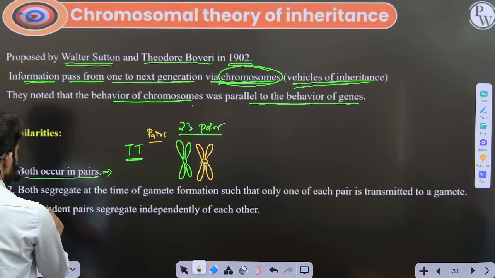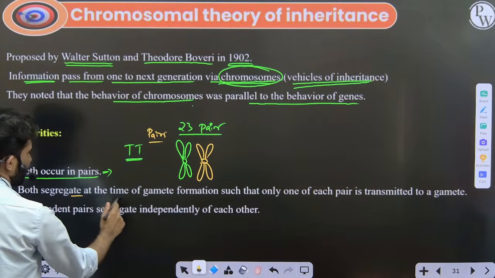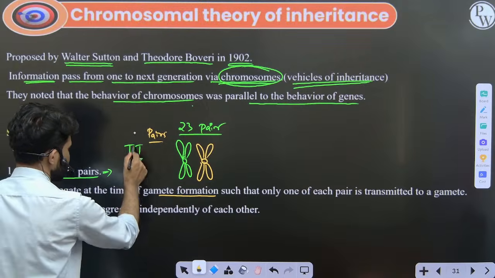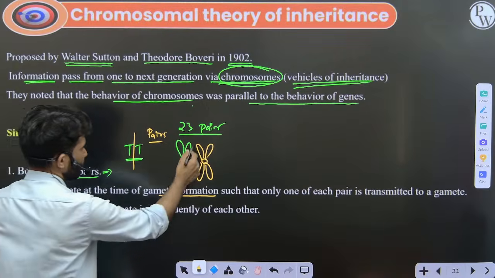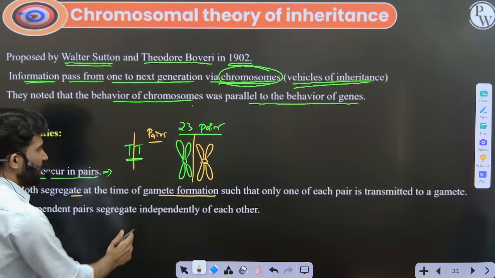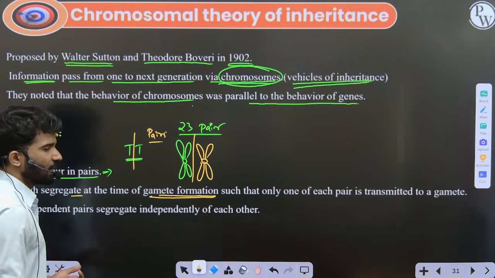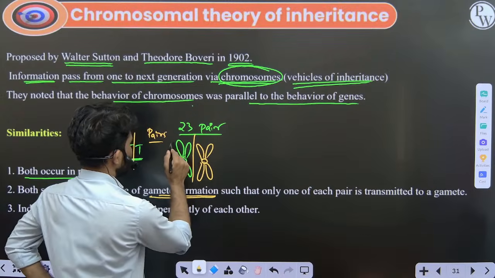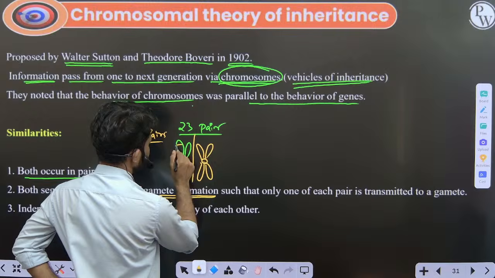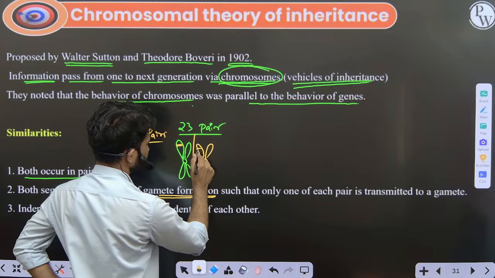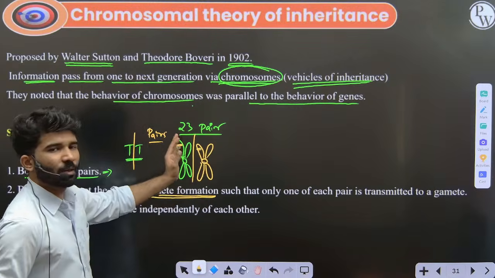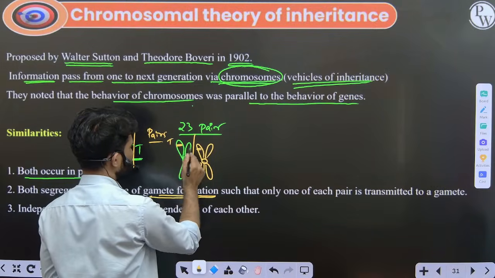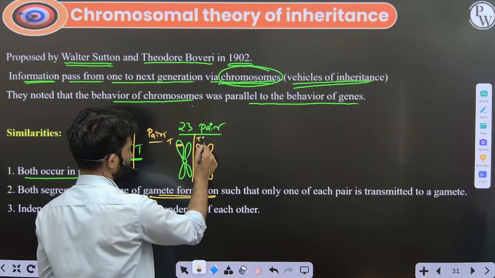What is the next one? Both of them segregate at the time of gamete formation. Yes, these genes separate, and these chromosomes also separate at the time of gametogenesis. The gene coding for height is located at the same locus on both the maternal and paternal chromosome. It may be capital T, or one may be small.